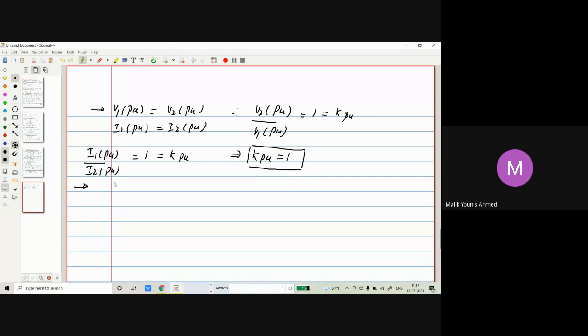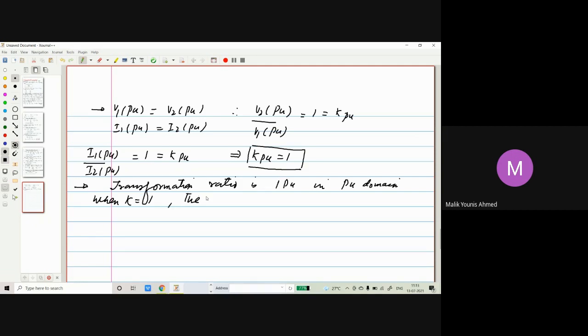Transformation ratio is 1 per unit in PU domain when K is equal to 1.